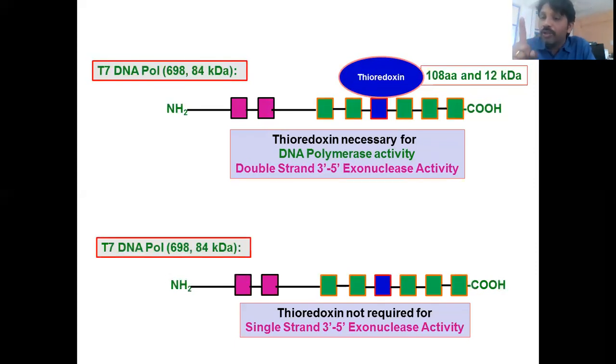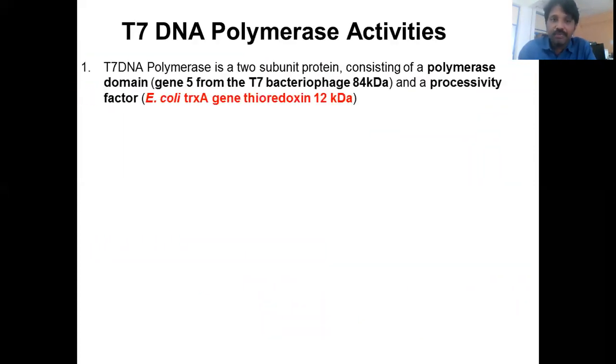And all alone, T7 DNA polymerase has a single strand 3' to 5' exonuclease activity. So in total, it has three activities: polymerase activity, double strand 3' to 5' exonuclease activity, and single strand 3' to 5' exonuclease activity. The same thing we can see in the text.